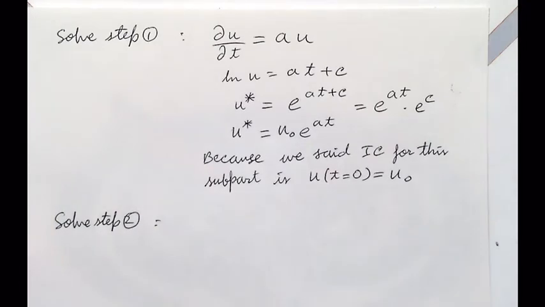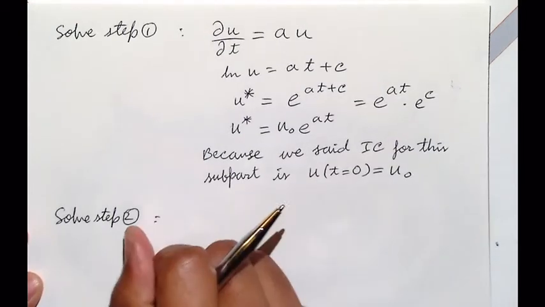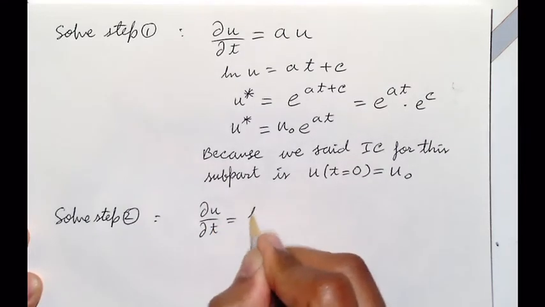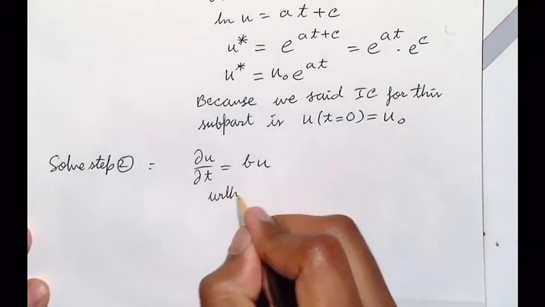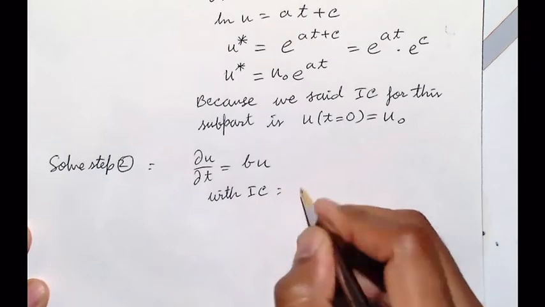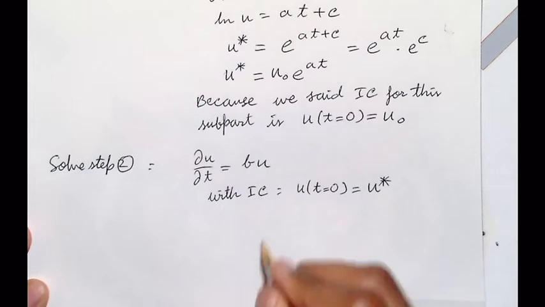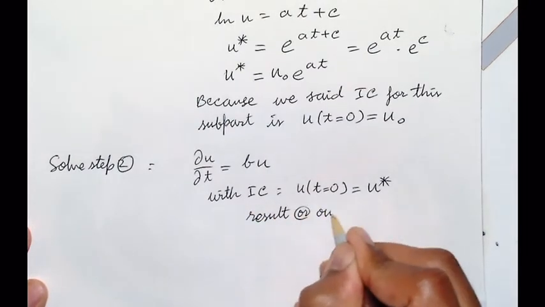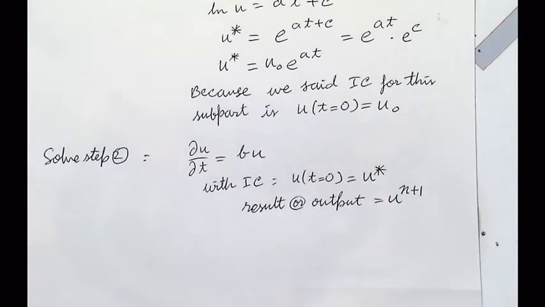Okay, what should I write? du by dt equals bu. Exactly. du by dt will be bu with initial condition u at t equals 0 is now u star. Okay? And the result or output equal u n plus 1, or u at t in general.